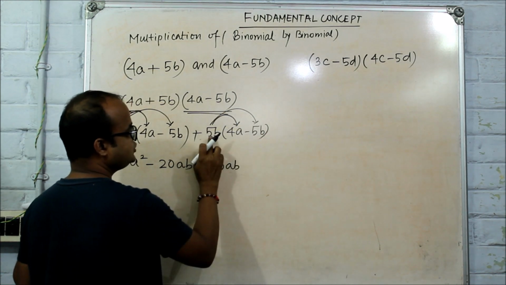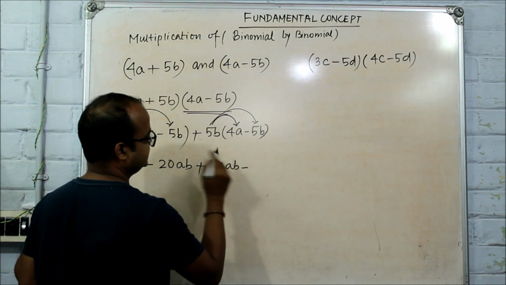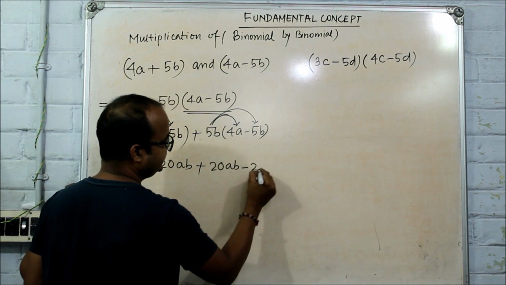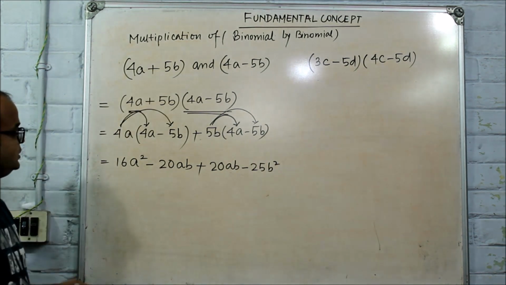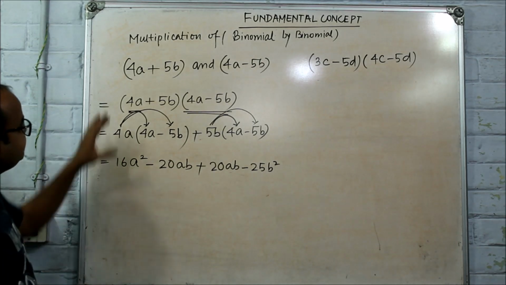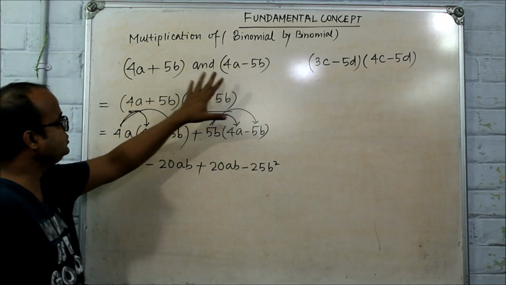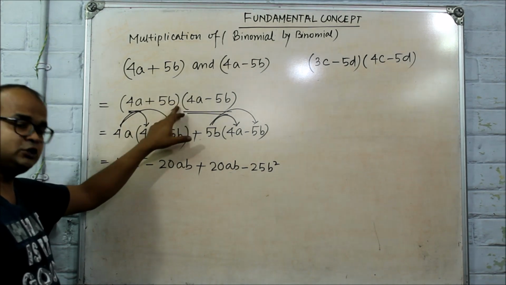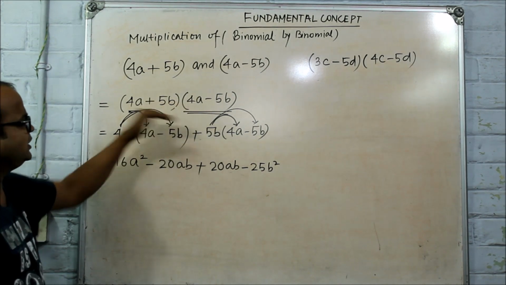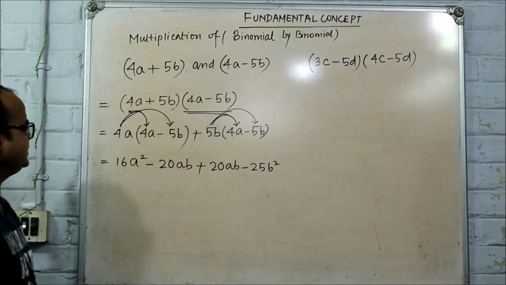Again we multiply these two, minus into minus is plus, 5 into 5, 25 b square. Clear? So if I recap, first write those two given binomials in the product form. You can put a cross here or a dot here, or you can leave it like this. You can write like this only.